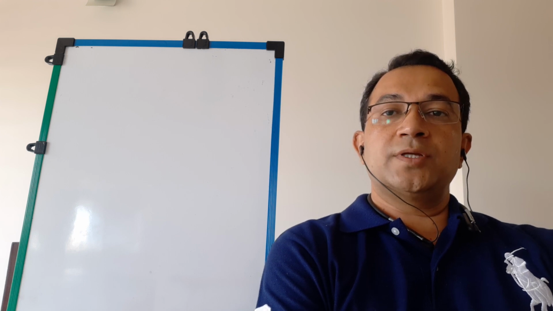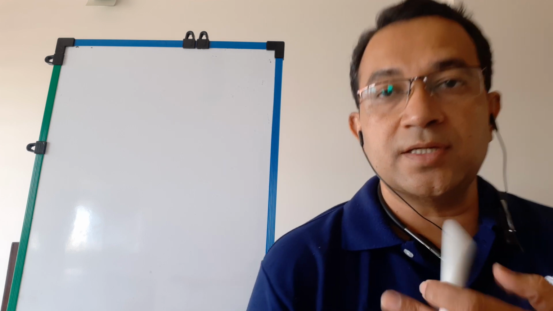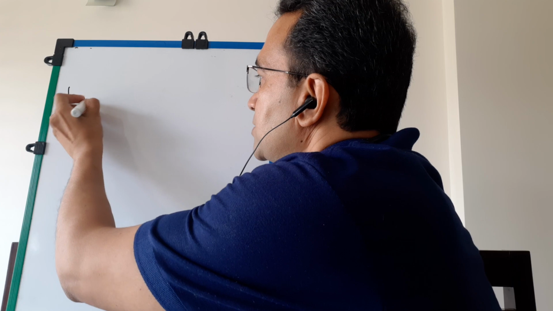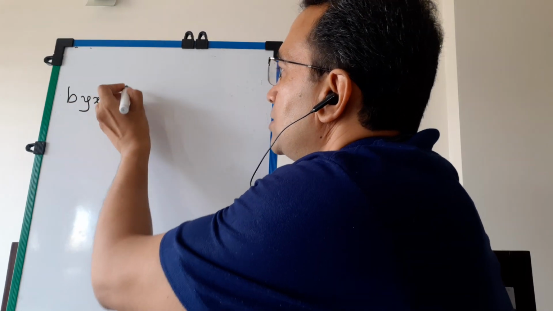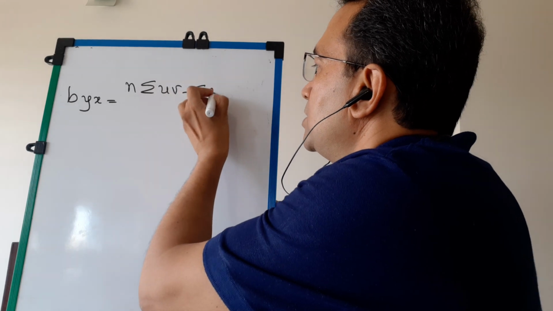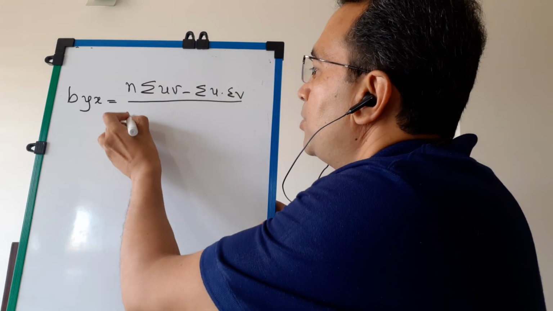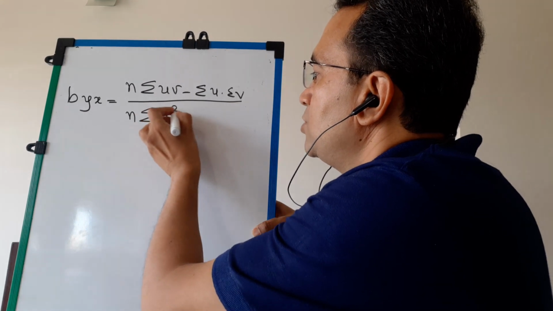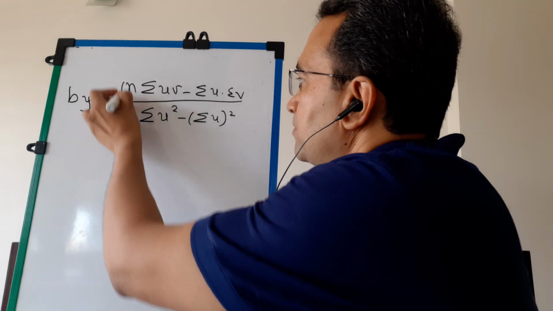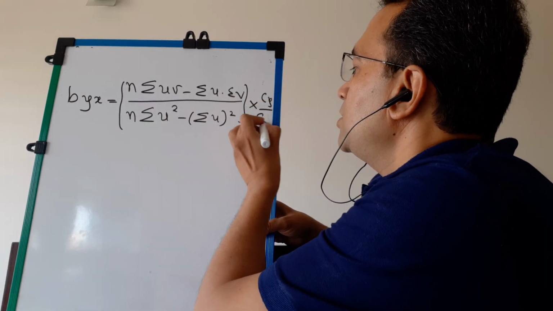And that shortcut method formula, students, we have already discussed. Once again, I am discussing it: b_yx = [nΣuv − ΣuΣv] / [nΣu² − (Σu)²] × cy/cx.